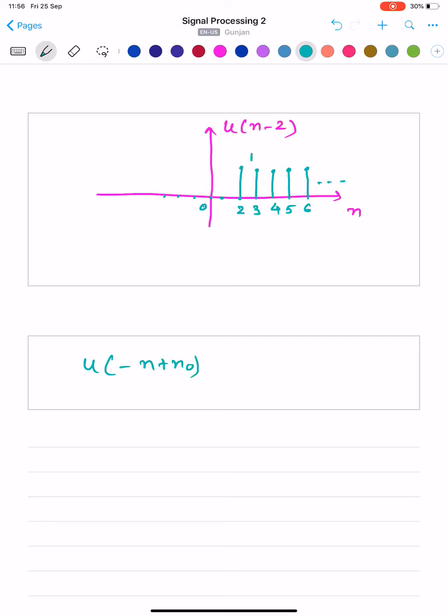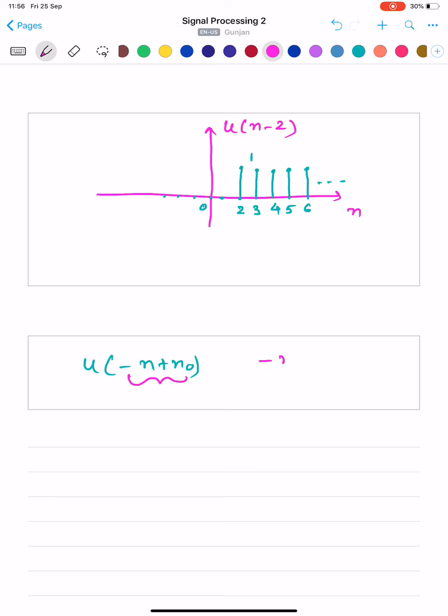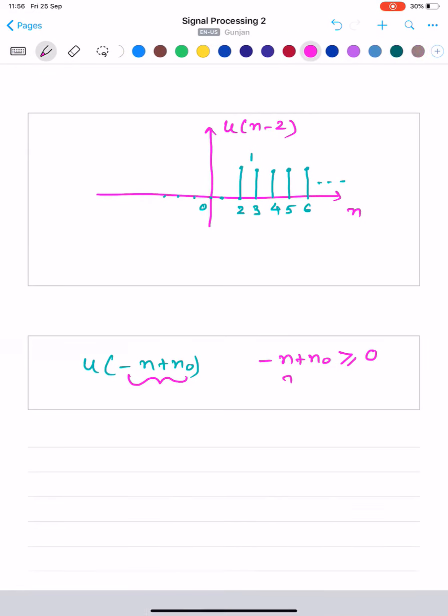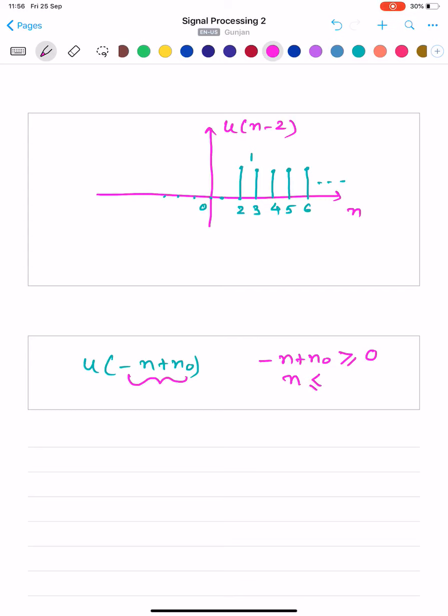As I told you in my continuous time signal video, this minus n plus n naught will be placed in front of greater than equals to 0. So then you can say n is less than n naught.